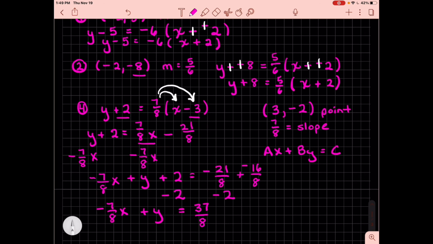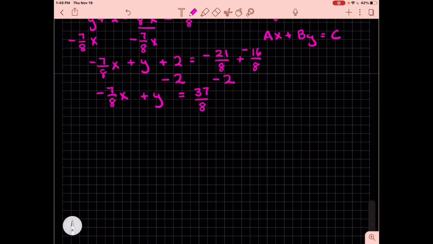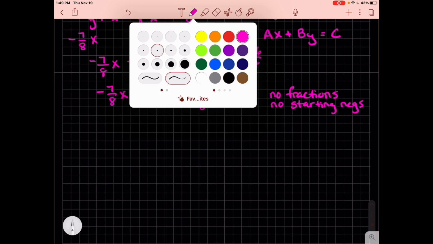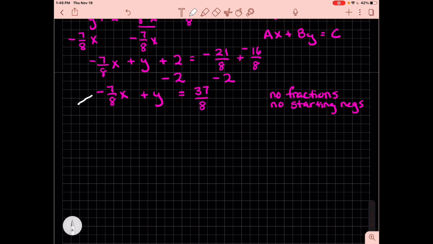So I need to show you one more thing about the standard form. The standard form has two kind of picky rules. One is no fractions, and the other is no starting negatives. So the starting negative in this case is this.